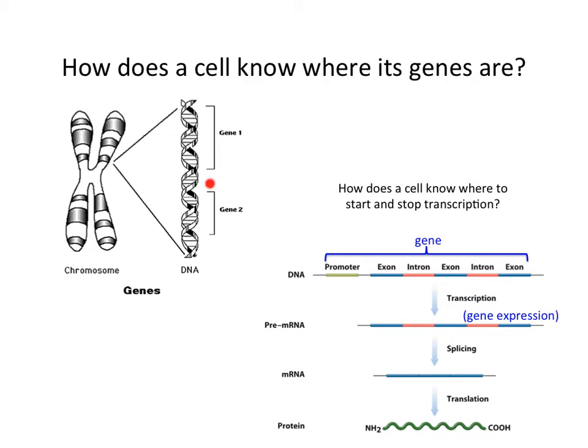Here's gene 1, here's gene 2. They're drawn, and they are discrete objects, discrete parts of the chromosome. We can say where a gene starts, where a gene ends, where the next gene starts. How does the cell know? How do we know? What defines the start and the end of a gene? That's what we're here to find out.